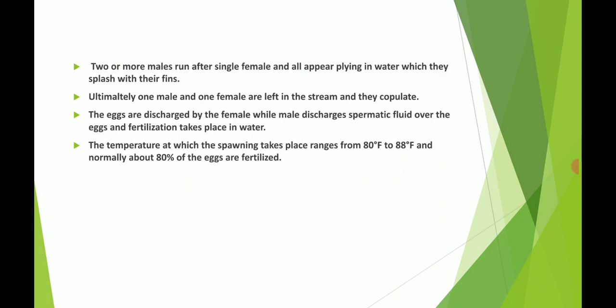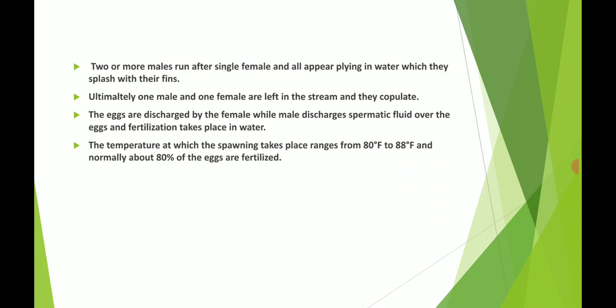The male is attracted to the female fish due to the flash on their fins. Ultimately, one male and one female are left in the stream and they copulate, so fertilization takes place between one male and one female.